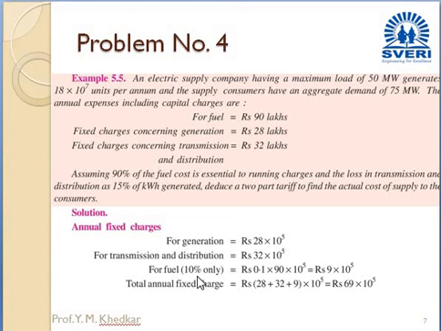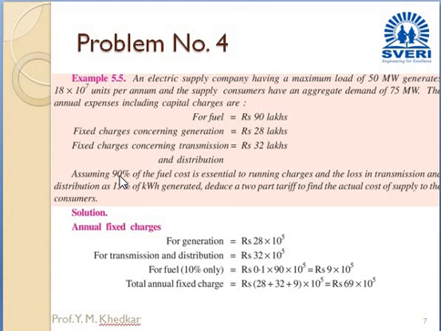Why is it 10%? Because 90% of the cost related to the fuel is essential to the running charge, means 90% cost has been considered under the head of the fuel in the running charges.